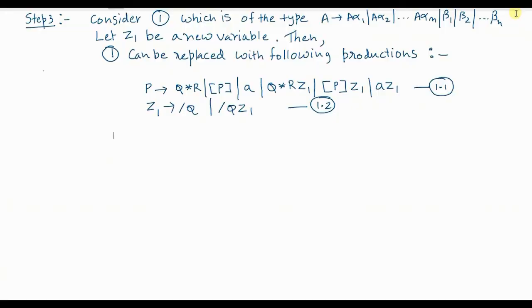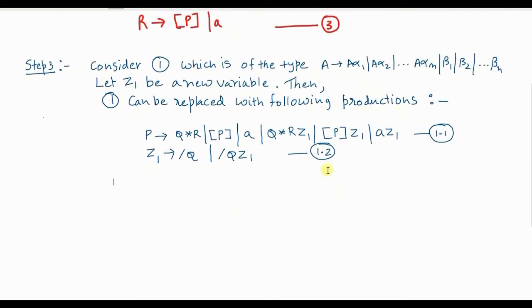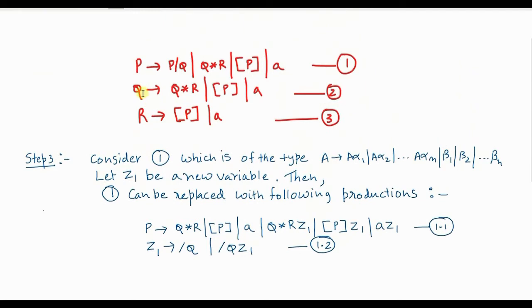Okay, so next, after replacing this equation 1 with 1.1 and 1.2, the same procedure we are going to repeat for the second production. So is this production of the type A gives A alpha or beta? Yes, because if this is A, the first symbol in the term here is also A. So if this is A, then whatever remains can be considered as alpha 1. Whereas in the other two terms, there is no Q appearing as the first symbol. So the whole term can be considered as beta 1, and this whole term can be considered as beta 2.